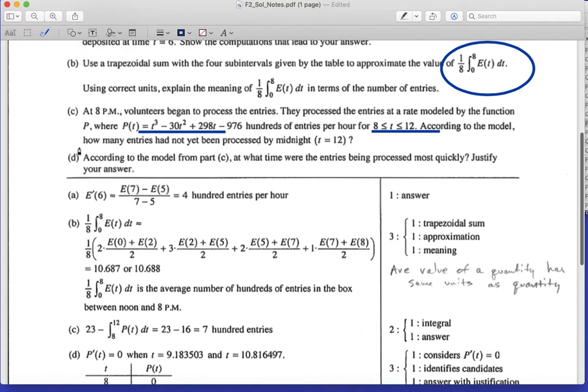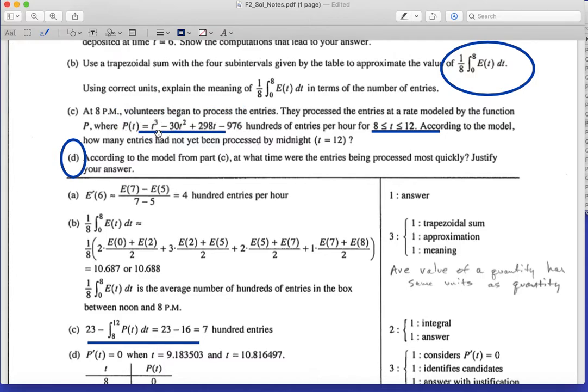Finally, part D. According to the model from part C, that's this thing right here, at what time were the entries being processed most quickly? Okay, now I lied there. It's not this model. It is actually just this P thing.